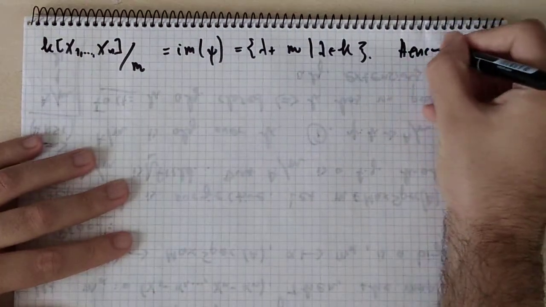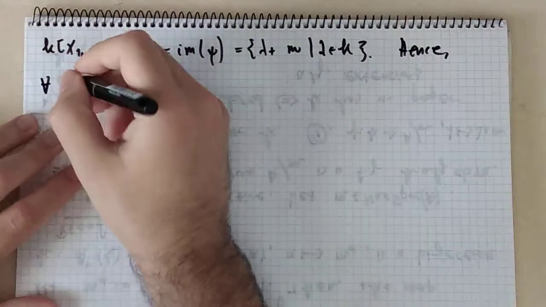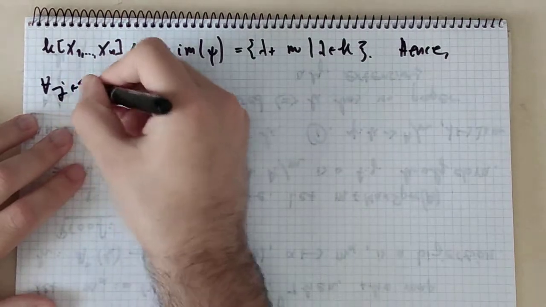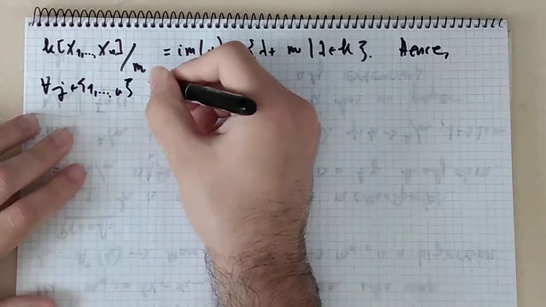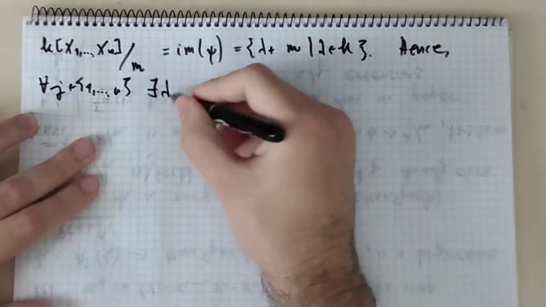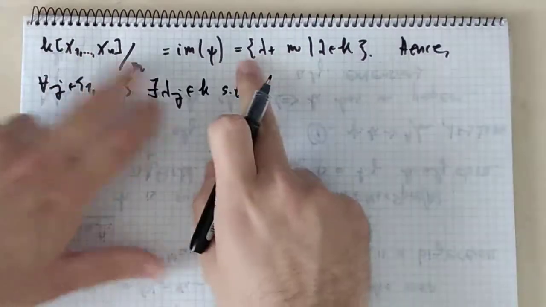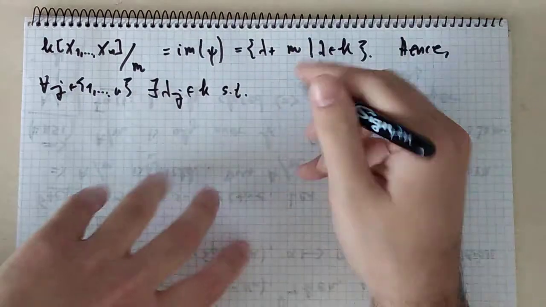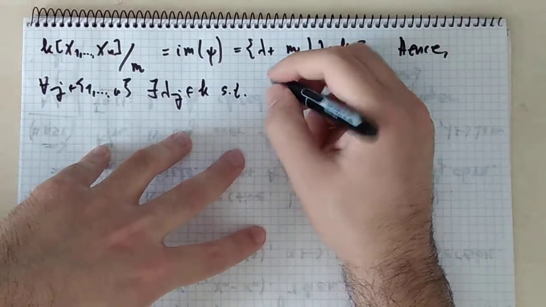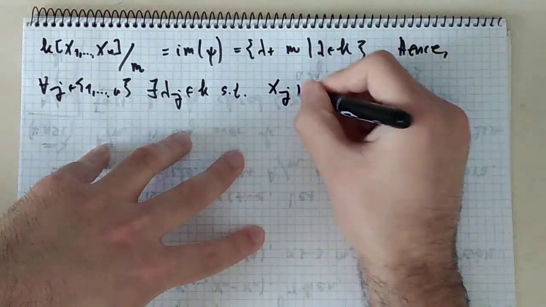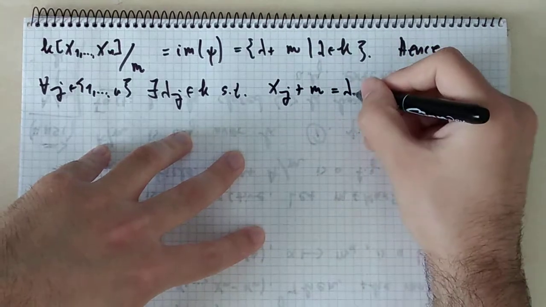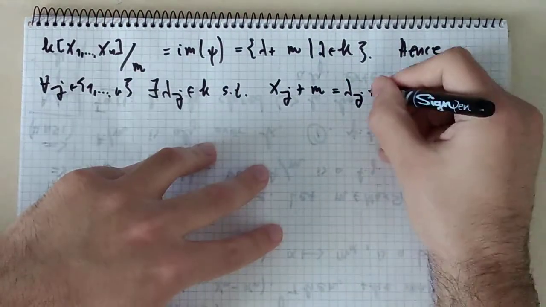So for every j in this set, we can find an element living in K such that, since we have this equality of sets, we have that xj modulo m has to be equal to some lambda j modulo m, right?